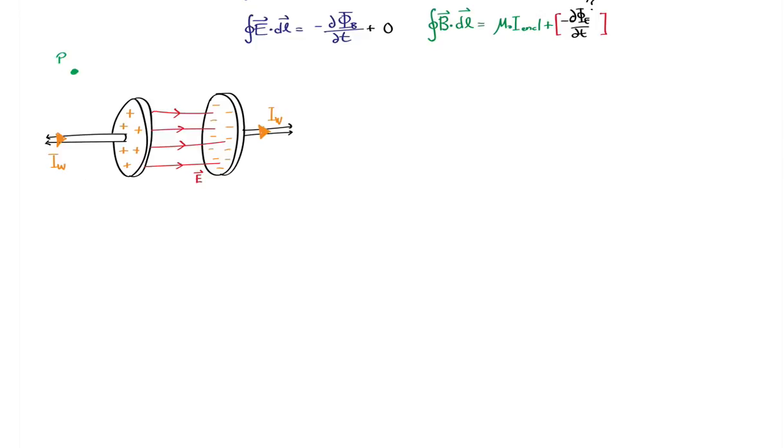All right, so let's try to calculate what that magnetic field would be by using Ampere's law. Okay, so let's imagine I pick an Amperian loop like this. So some circle that is coaxial with this wire that encloses P.